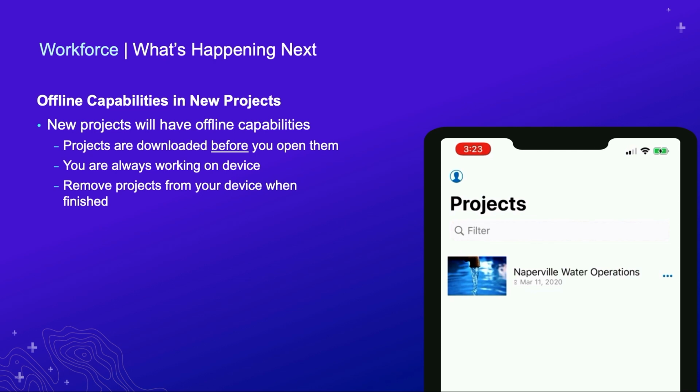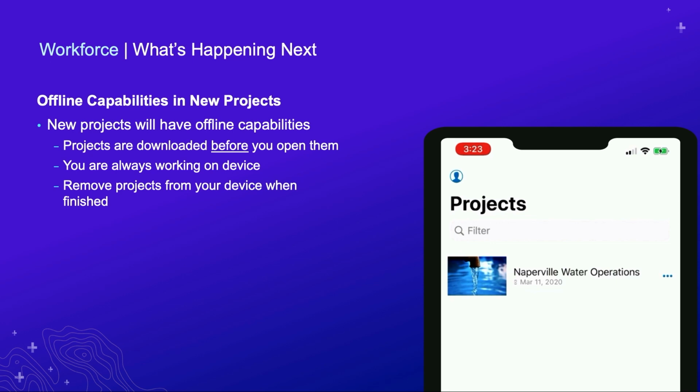accomplished by taking the Workforce project schema and making sure it's always writing local to your device, and never having to rely on connectivity in order to move an assignment to an in-progress state or to complete it.